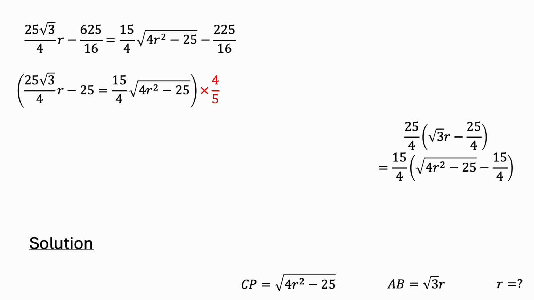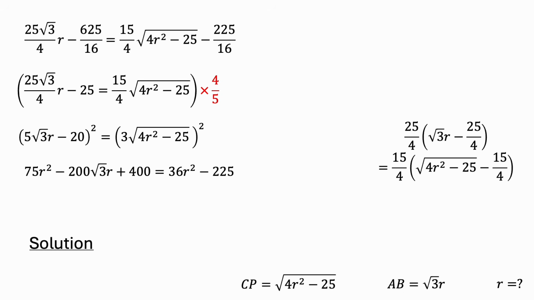Multiplying both sides by 4 over 5 yields 5 square root 3 R minus 20 equals 3 times square root of 4R squared minus 25. Squaring both sides gives 75R squared minus 200 square root 3 R plus 400 equals 36R squared minus 225.